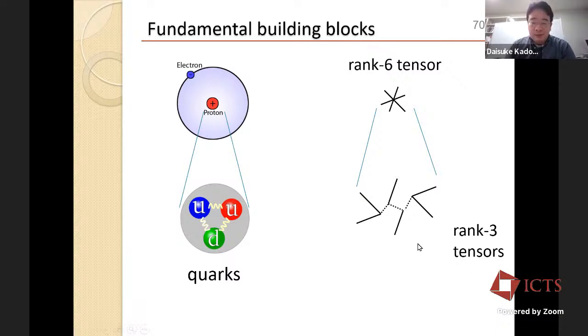This structure is called a triad. The dotted lines are internal indices.